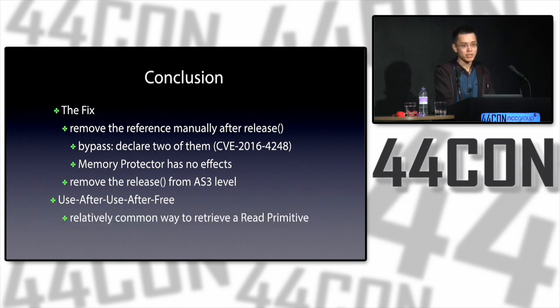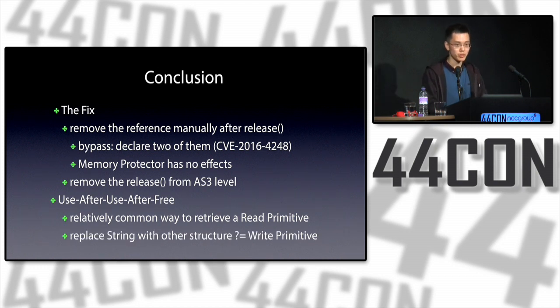Although the first steps seem a little complicated and contain much reverse engineering, I have accomplished such tasks in three different versions of Flash: 32-bit and 64-bit on Windows 7, and 32-bit on Windows 10. So I think it can still work for other use-after-frees.